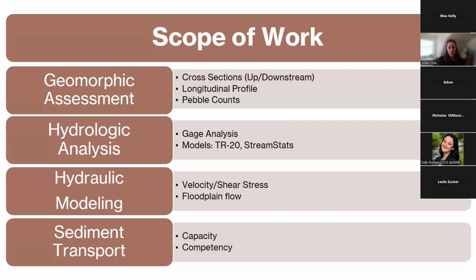And then hydraulic modeling, which is also typically necessary for crossing design. And the geomorphic component would focus on the lower flows as well as the flood flows and those peak flows to evaluate the range of velocities and shear stress and other hydraulic parameters that the crossing will be subjected to.